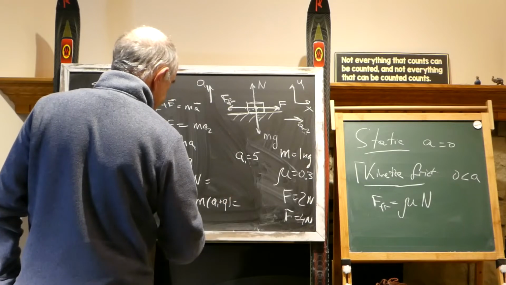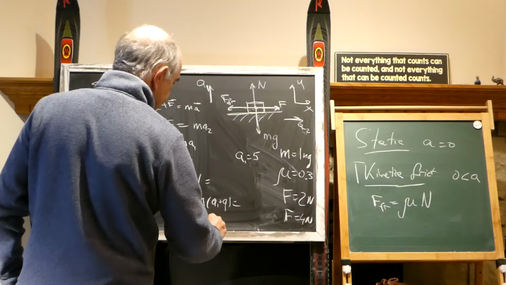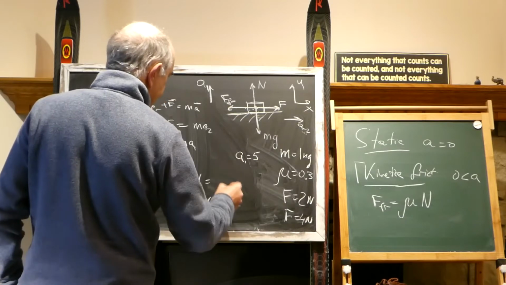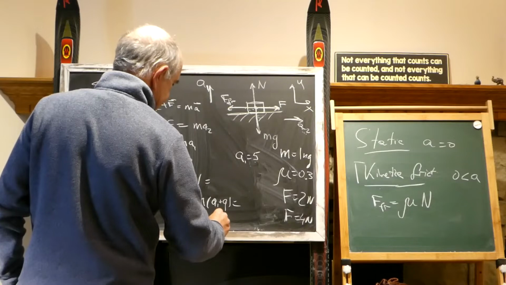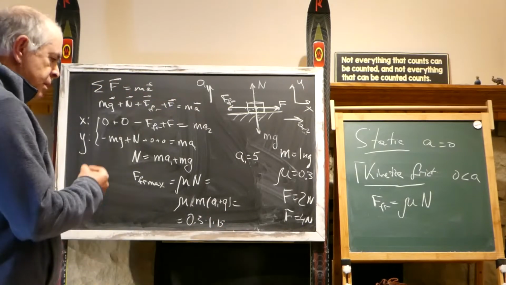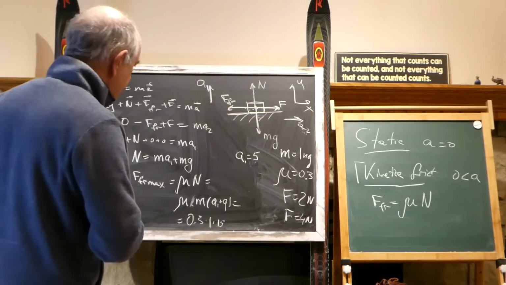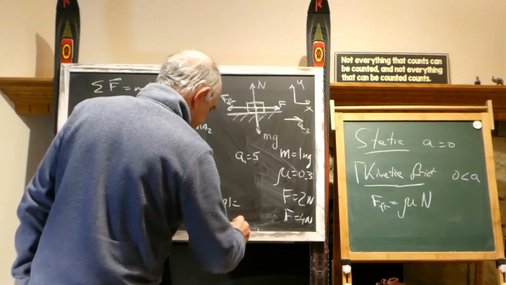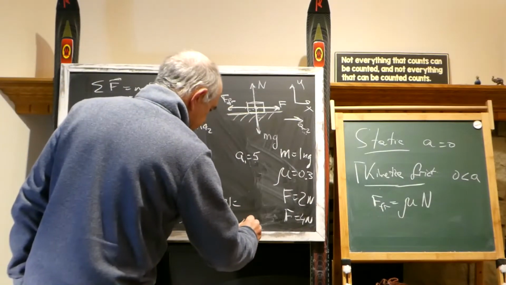And I can plug the numbers here: this would be 0.3, m is 1, a1 is 5, 5 plus 10 is 15. 0.3 multiplied by 15 would be 4.5.